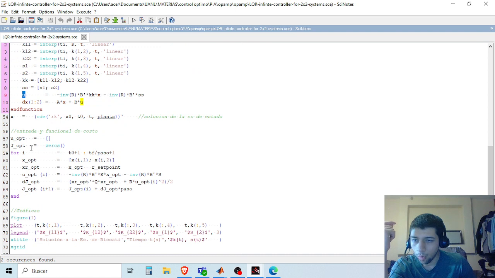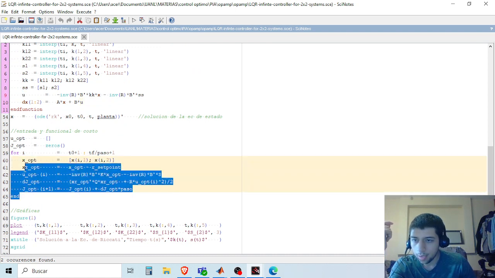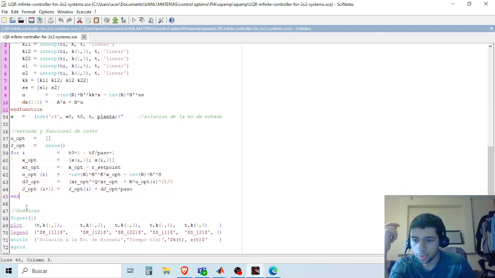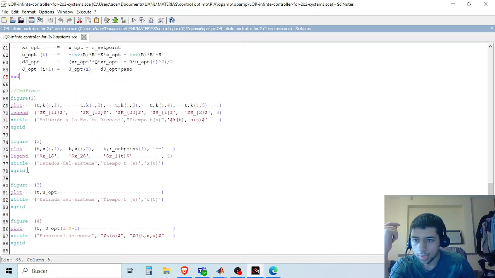Then we are gonna obtain the graphs for the cost function and the input function as a function of time. First we are gonna plot the dynamics of the K and S gains.